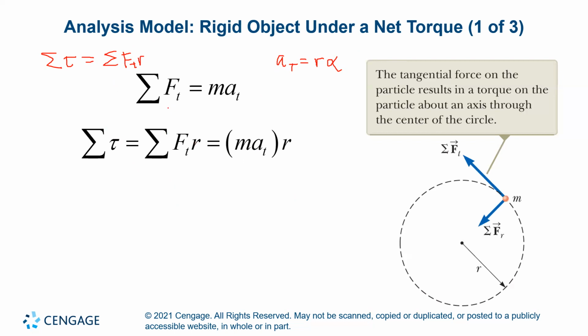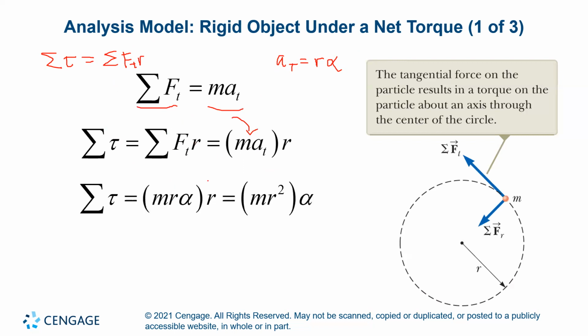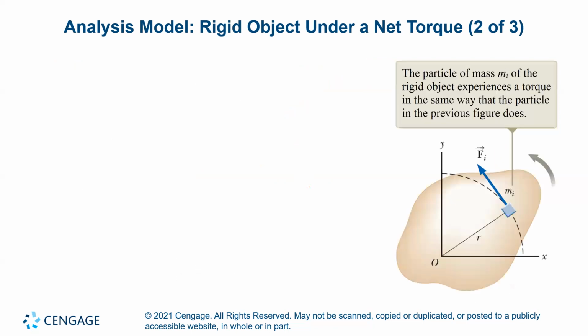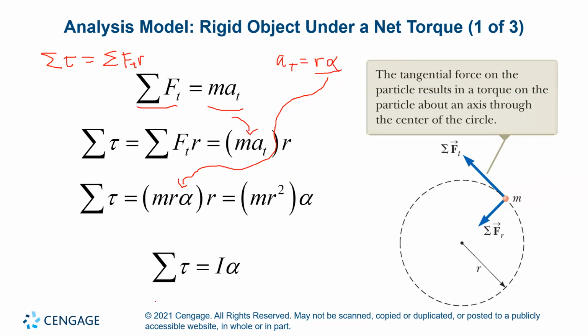Now we substitute the summation of F sub t equals m a sub t in here, and then we make some more simplifications. Here we substituted r alpha for a sub t. And what we get is this: the summation of torques is equal to m r squared times alpha.